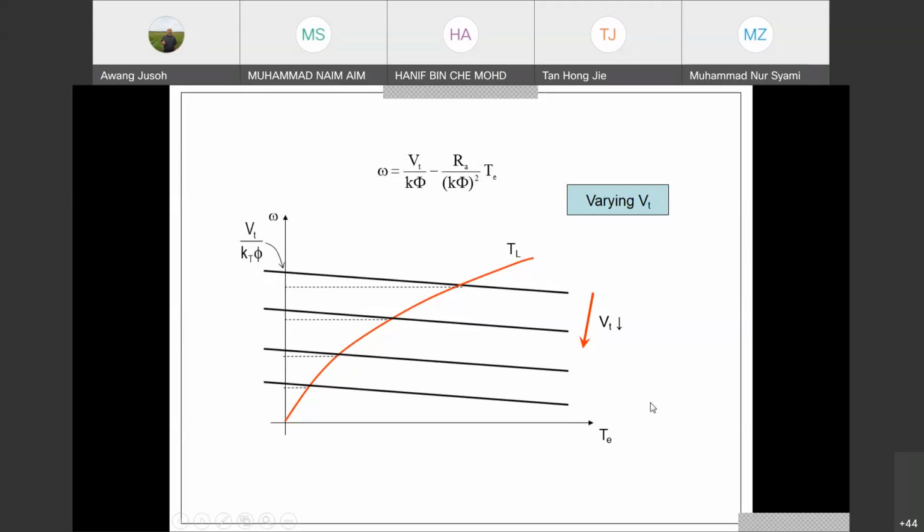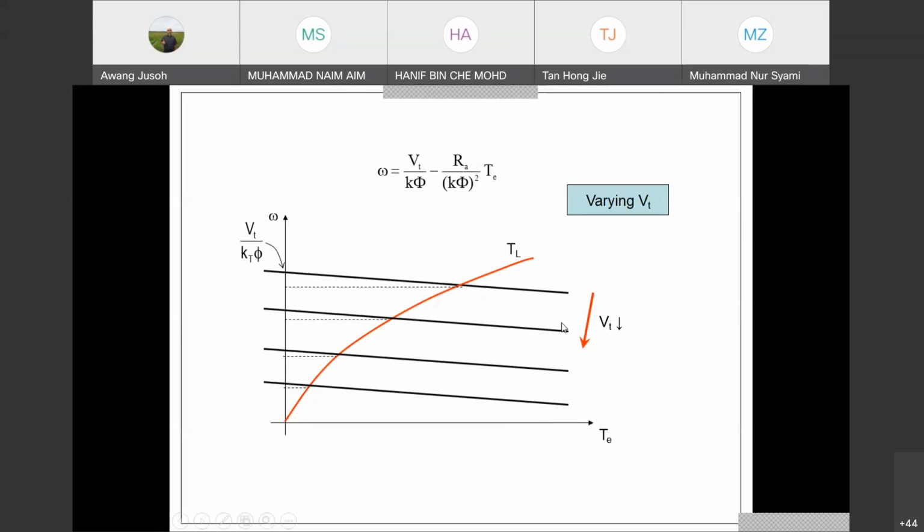So sometimes you see they put different configurations, different ways. They plot TE versus speed, and you can see the line is vertical. But here, because they put speed versus torque, you see the horizontal line. Okay, that happens when we reduce speed. So that's basically simple.